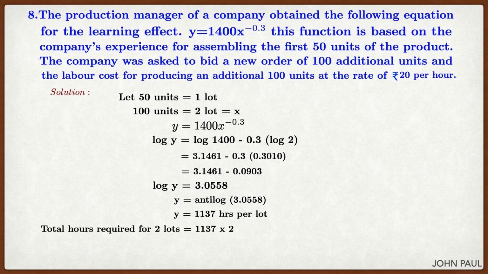Therefore, total hours required for 2 lot equal to 1137 into 2. That is 2274. The labor cost at rupees 20 per hour equal to 2274 into 20 equal to 45,480.